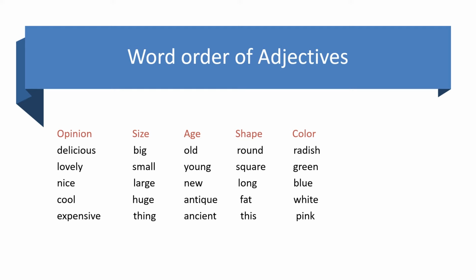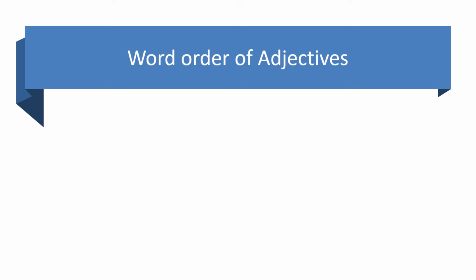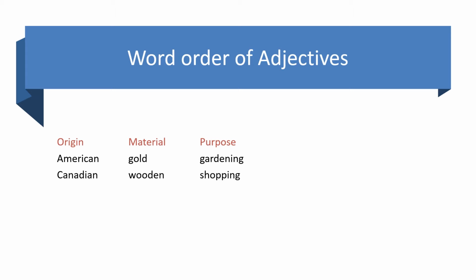But when we follow the rule, there are other word orders to keep in mind, which are origin, material and purpose. Let's have a look at what these are. American is an origin, gold is material, gardening is a purpose. Other examples are Canadian is origin, wooden is material, shopping is purpose.